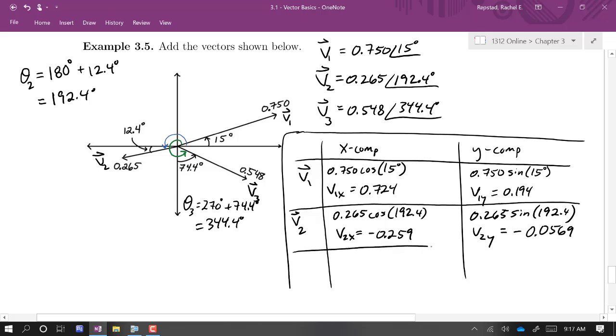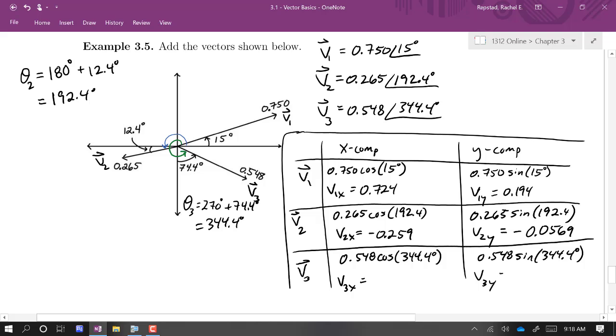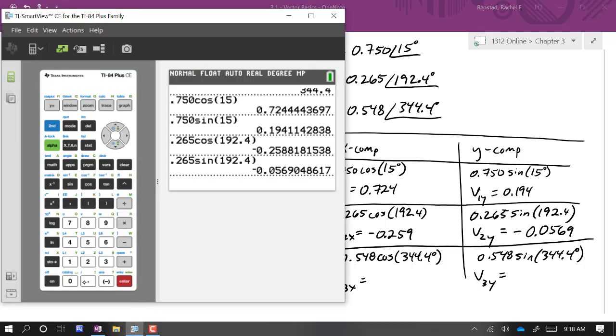And then our last vector here, x component, magnitude times cosine, and magnitude times sine. For the x component first, 0.548 cosine 344.4.